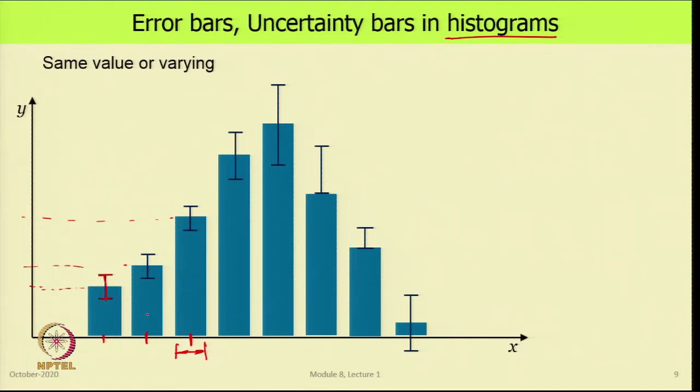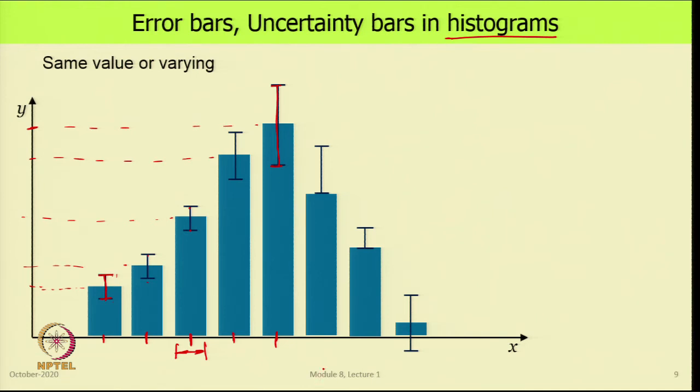And if this value were the same at all values of x, this same thing would appear here. But if it increases with the value of x, as we have shown here, this band becomes bigger for this value of x and for this mean value of y, and the uncertainty limit now is shown as being this, which means that it is much bigger than what it was at the smaller values.